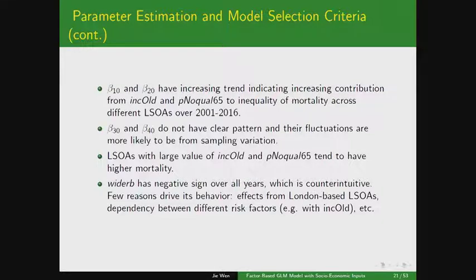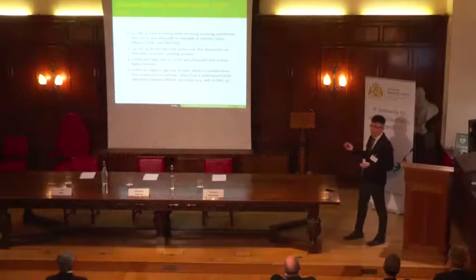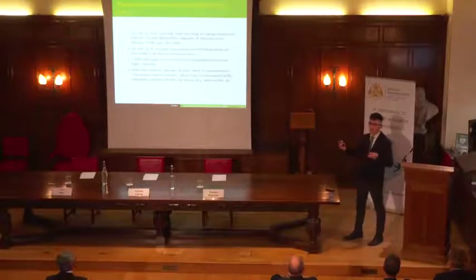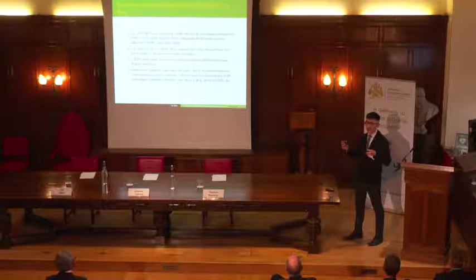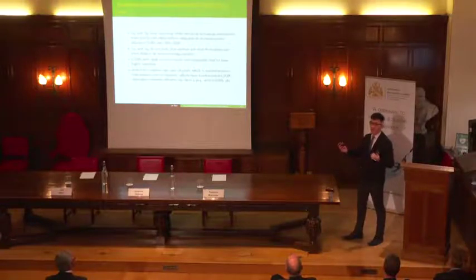There is more than one reason driving this result, and one of them is the effect of London-based RSOEs, because the RSOEs in London are quite special. First of all, they tend to have more deprivation in general. Secondly, they tend to have much higher income compared to others.